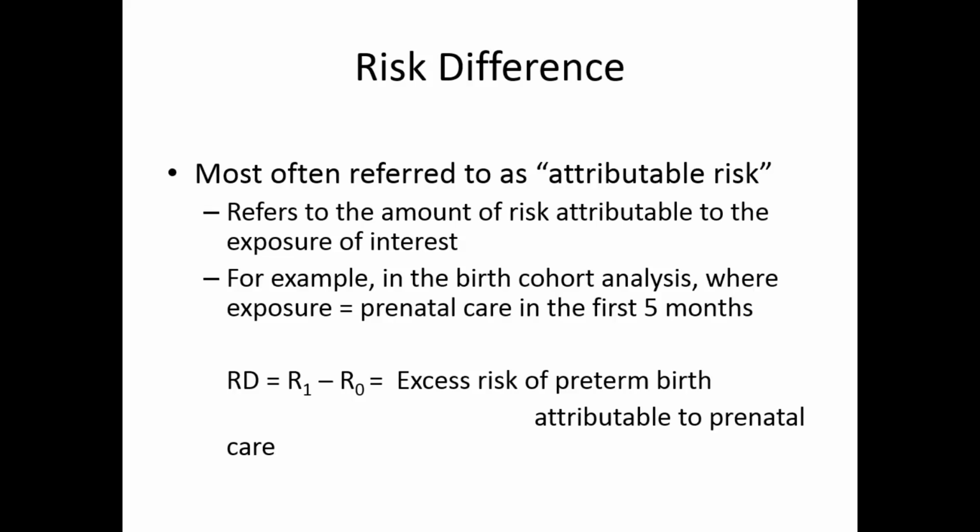So we're subtracting out the background risk, the risk that they would have had if they didn't smoke. So what's left over? In this case, it says preterm birth, but it could just as easily apply to smoking. It's the excess risk. I would have had 10% risk because that's what non-smokers have. But now I have 30% risk. So 20% of my risk is due to smoking.